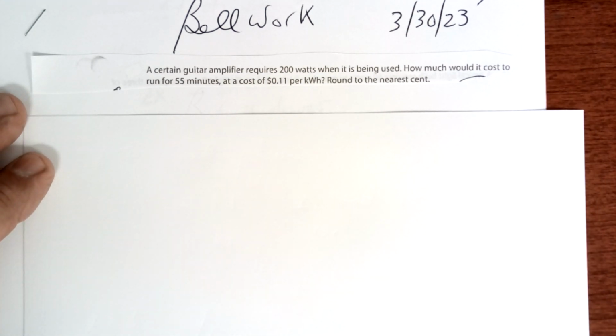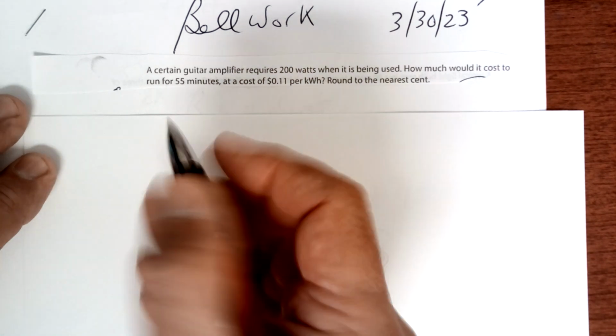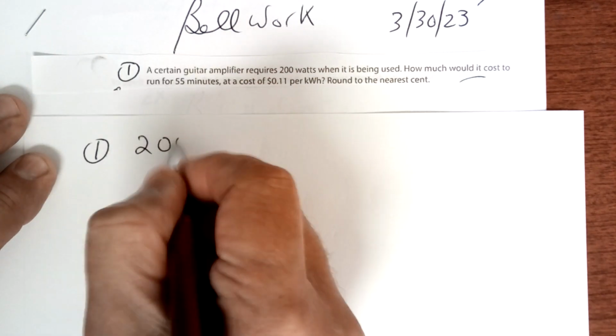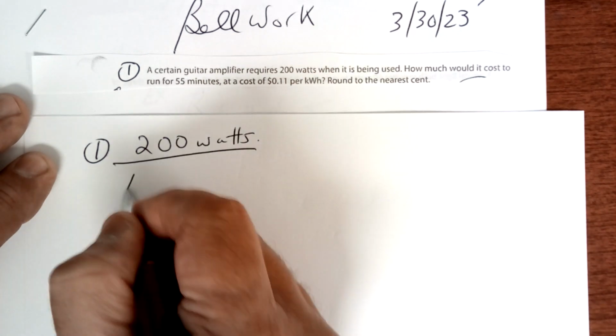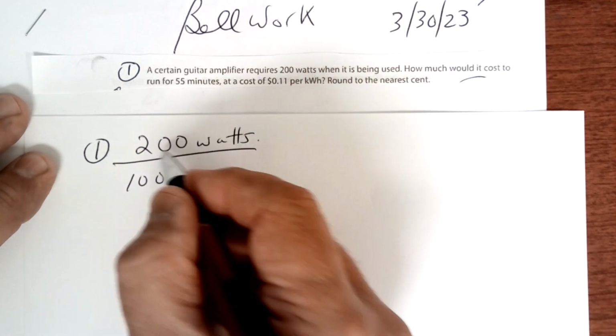This amplifier requires 200 watts when being used. How much would it cost for 55 minutes at 11 cents for a kilowatt hour, round to the nearest cent? Well, look here. First, you take 200 watts and you divide it by 1,000, and that's going to give you kilowatts.